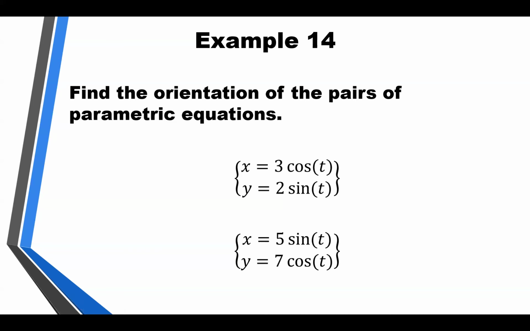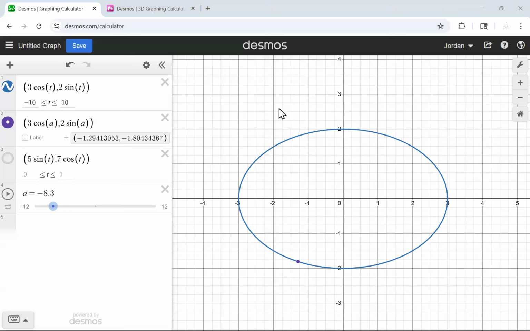Here we have x equals 3 cosine t, y equals 2 sine of t. And then we have x equals 5 sine of t, y equals 7 cosine of t. Let's graph each. If I'm doing this on Desmos, I would just graph it this way: 3 cosine t, comma, 2 sine of t, and then I'd make sure that my t values are between like -10 and 10.